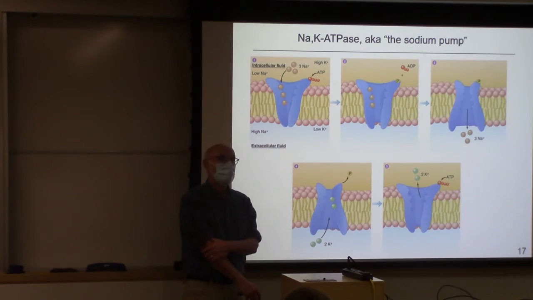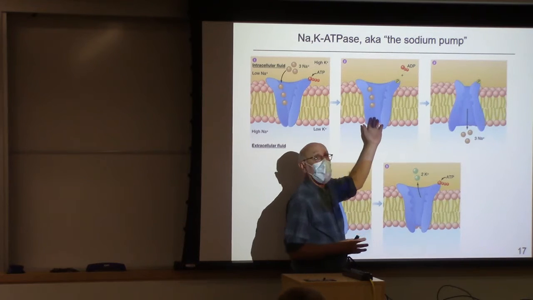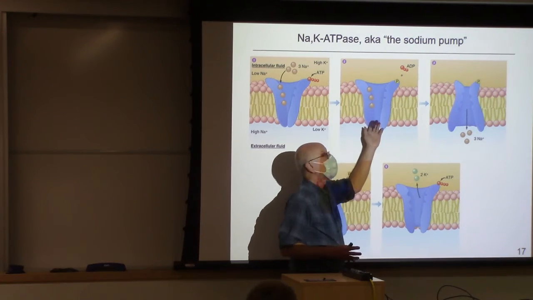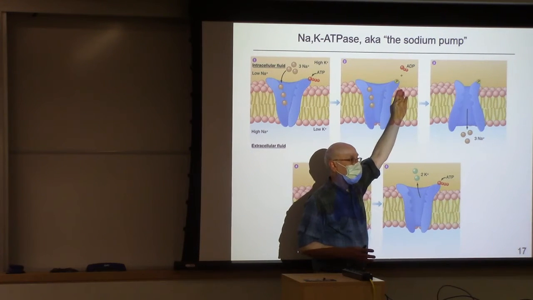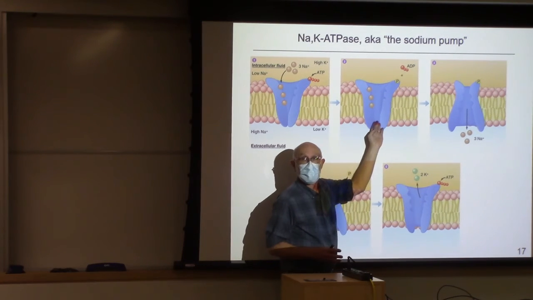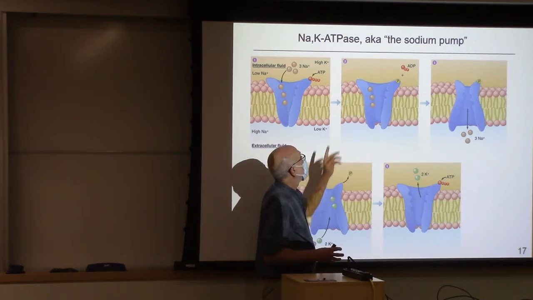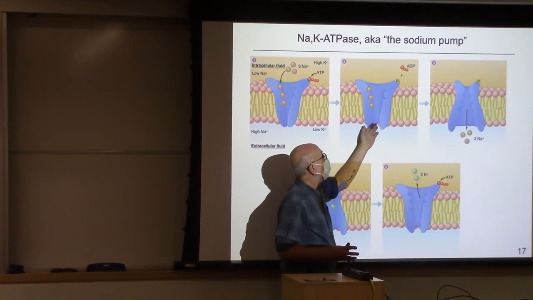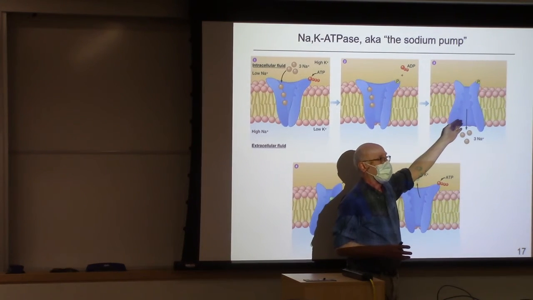Olivia? Phosphorylation. In this process, the pump is phosphorylated. So the binding of the ions and the phosphorylation of the protein causes this conformational change. Actually, it's the binding of the ions that cause this conformational change, and it's the phosphorylation that causes this conformational change.